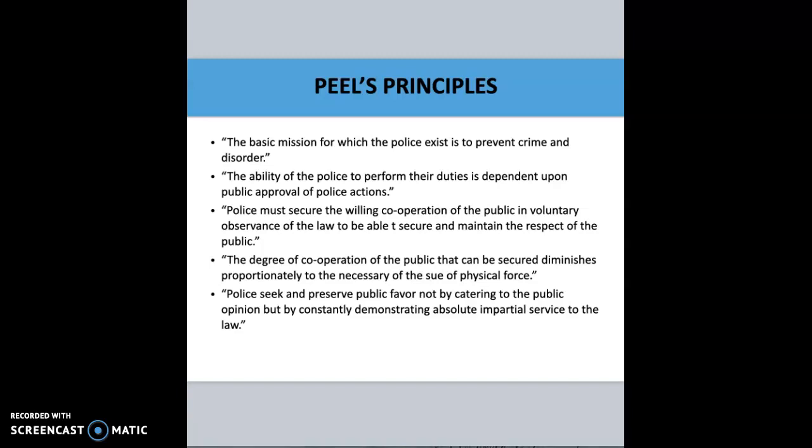They've never had that before, the idea of a police force separated from the military. So he created his Peelian principles, and these principles were designed to ensure not only Parliament but the public of the role that the police would take.